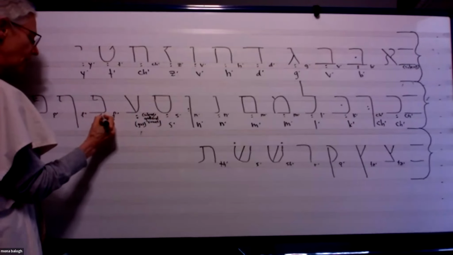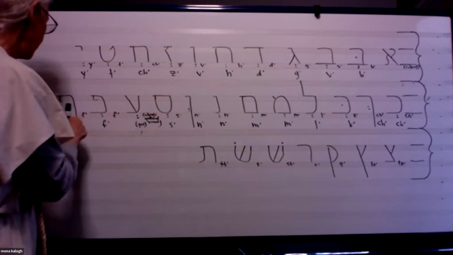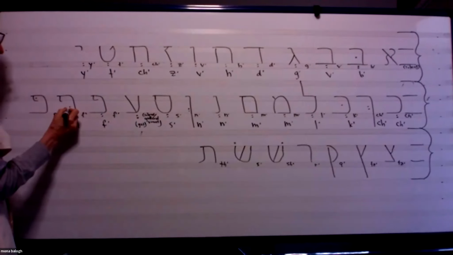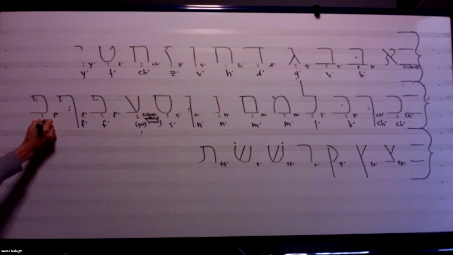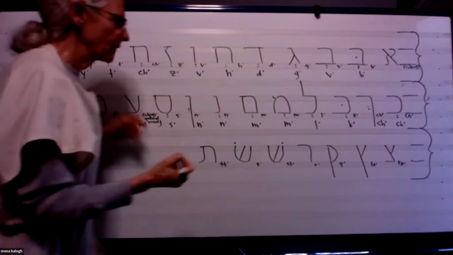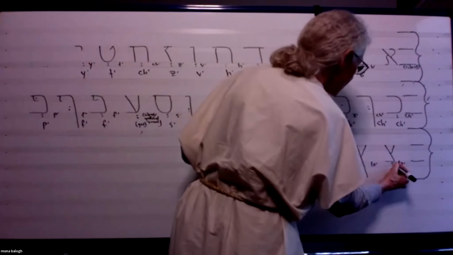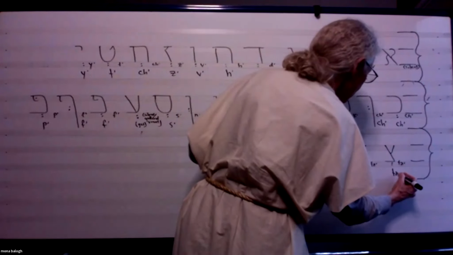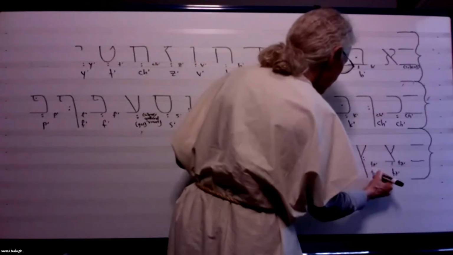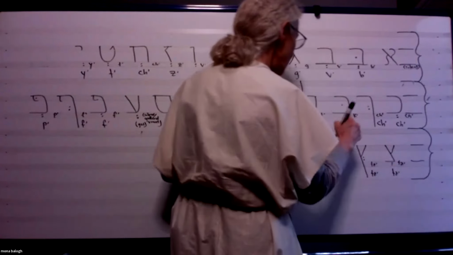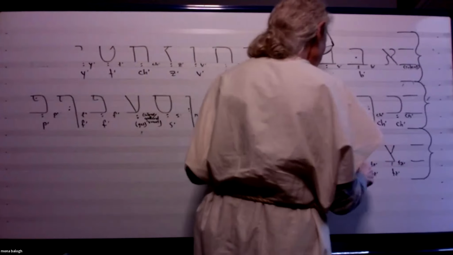Pei, shva, f. Fei sofit, shva, f. Pei, shva, f. Tsadi, shva, ts. Tsadi sofit, shva, ts. And same problem with these other sofit forms, except for this one.